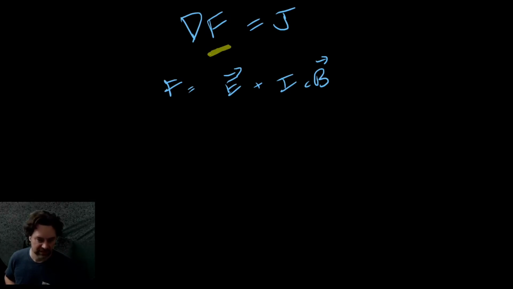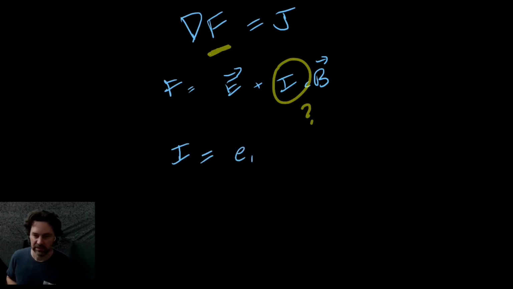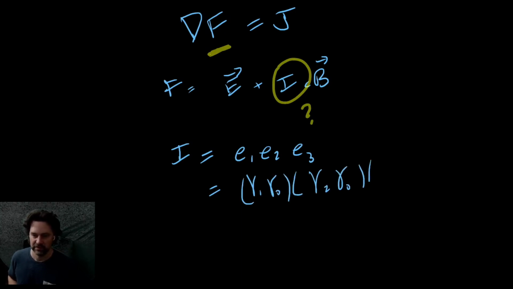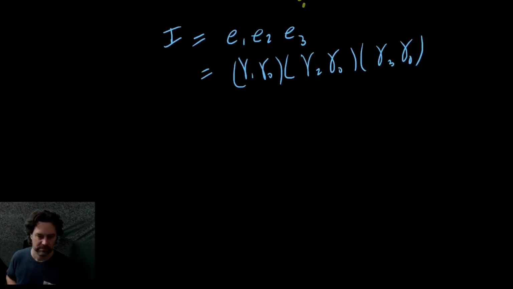What about in STA? So in STA, let's start with saying what's I. So our spatial representation, the three-dimensional pseudoscalar, was E1 times E2 times E3. Now we're representing each of these as bivectors. So that's gamma 1 gamma naught, times gamma 2 gamma naught, times gamma 3 gamma naught.